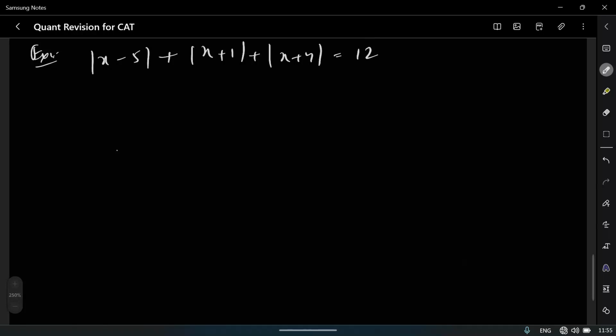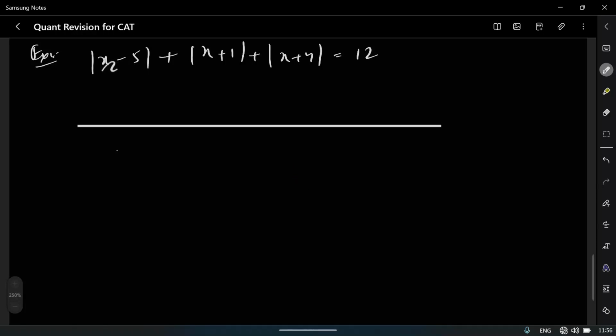So how are we going to do this? To solve these kinds of problems, first we have to take a number line. After taking a number line, just take all the values at which each expression is equal to 0.